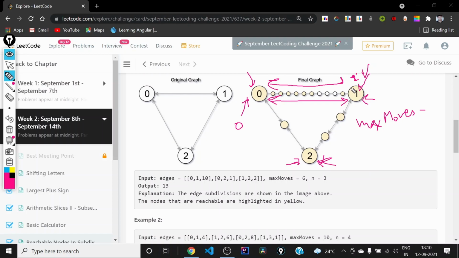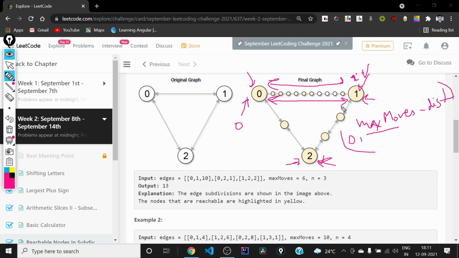Suppose the distance of this node is 18 and max moves is 19, so we can easily visit one node. Max moves after subtracting this distance will give us the nodes that can be visited along this direction. Just in case this quantity is negative, we cannot visit any node in this direction, so after subtracting, we will take the maximum with 0.